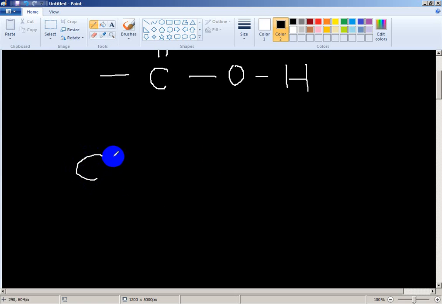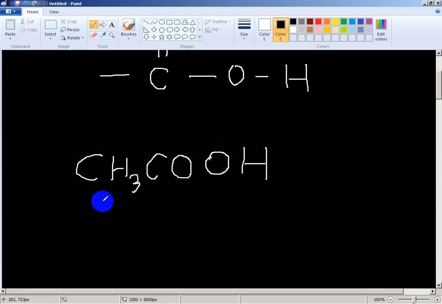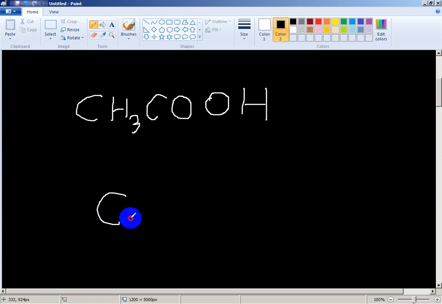I know this ethanoic acid is this way: CH3COOH. This contains carbon CnH2n plus 1. How many carbon? Carbon is 1.